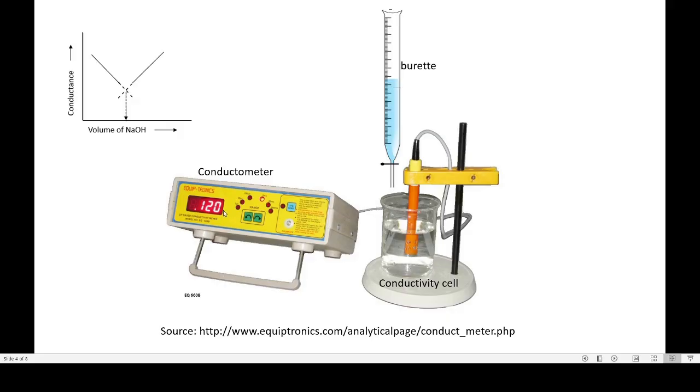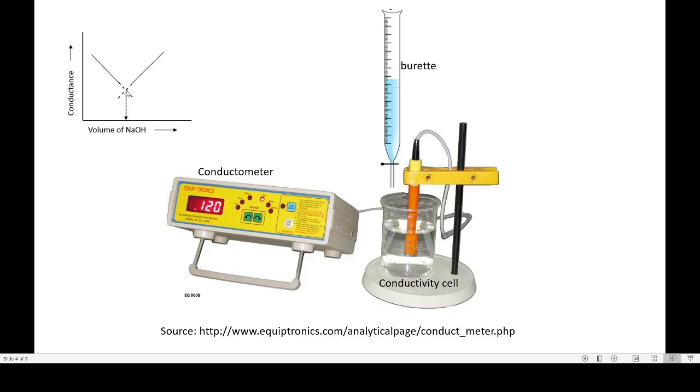Its conductance is measured, and now titrant from the burette is added step by step. After each addition of titrant, the conductance will change. The conductance for each volume of addition is noted down, and in a plot of conductance on the y-axis and volume of titrant on the x-axis, we get two straight lines that intersect at a point.